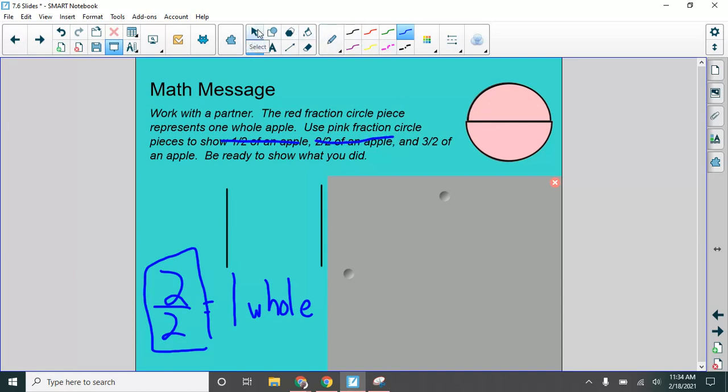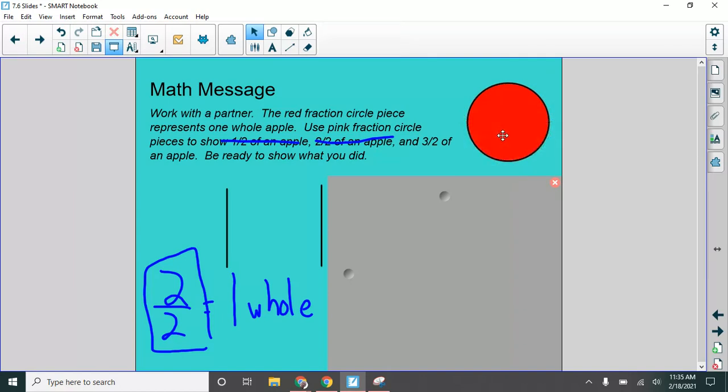And now 3/2. Well, let me ask you, what do you think 3/2 is going to look like? There's going to be extra, isn't there? Here they are. Here's 3/2. 1, 2, and 3. All right. So we have 1 whole and then an extra half.